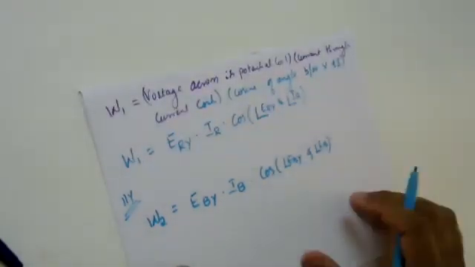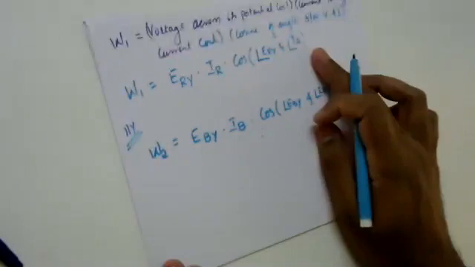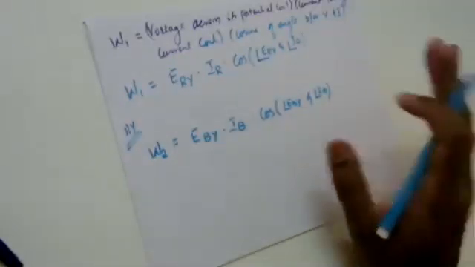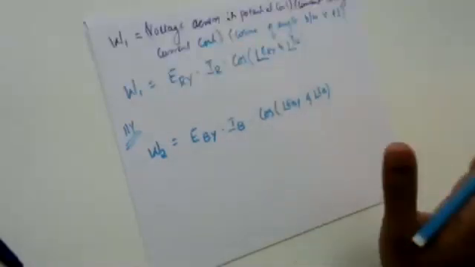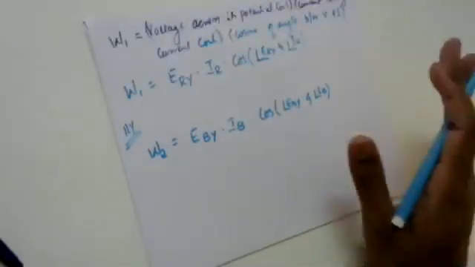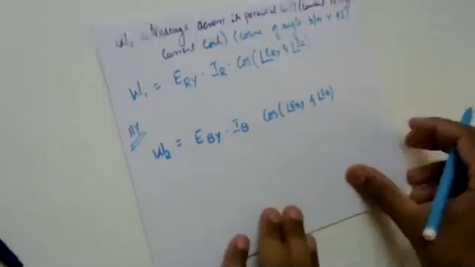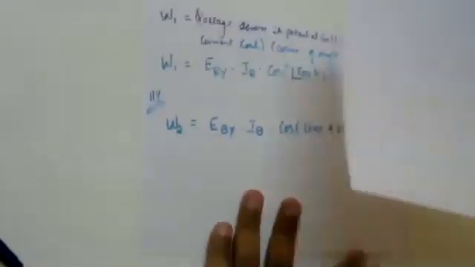Okay. Now once you get the equations for W1 and W2, what we have to do next is a very important step in this expression. Here we are going to build the phasor diagram. In order to start building this phasor diagram, we'll first try to understand.